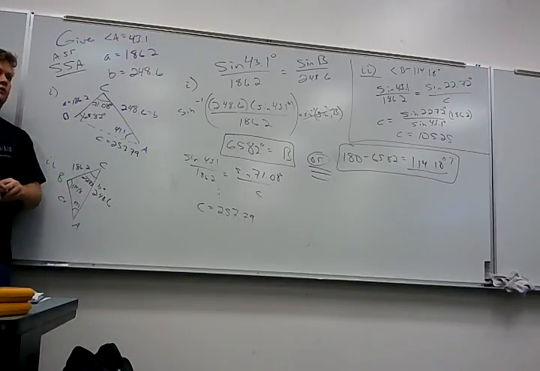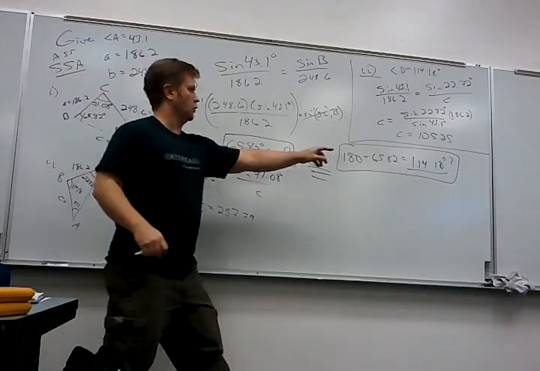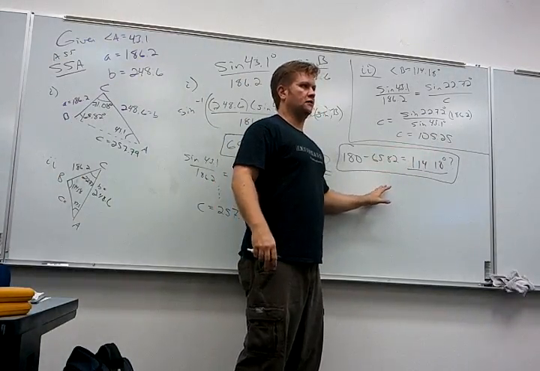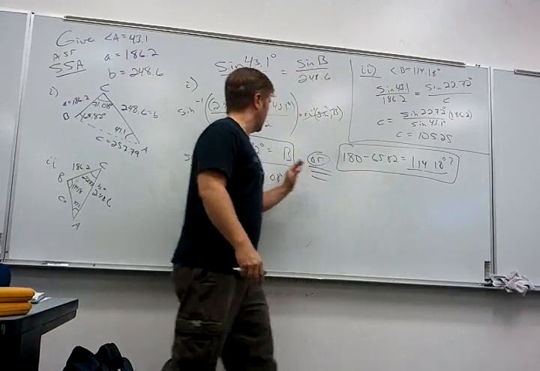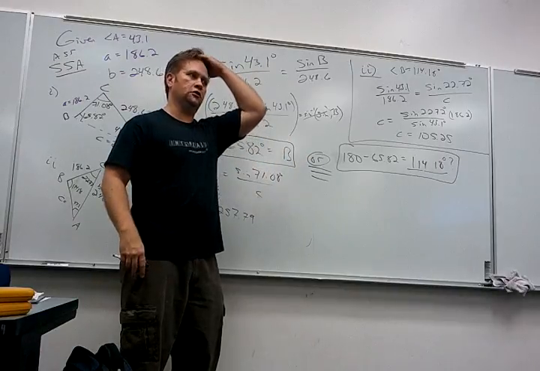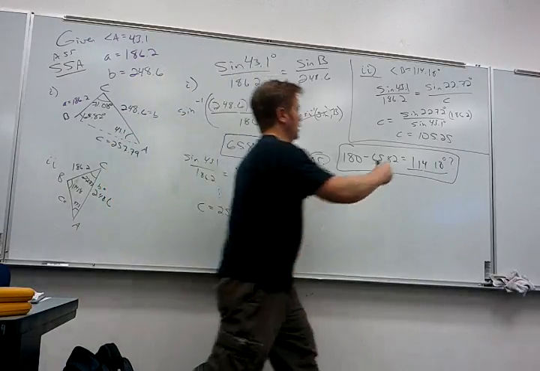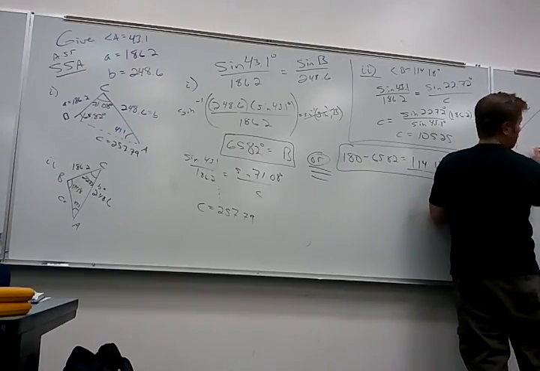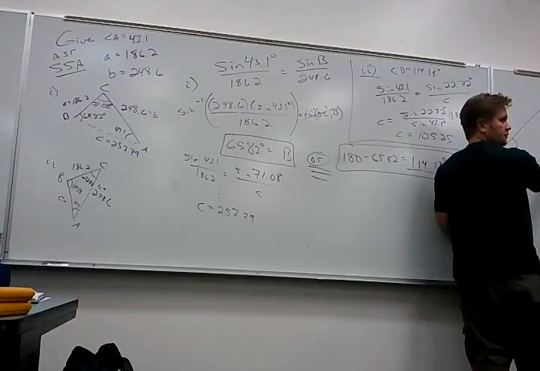I have to check both out. Some of these are going to come out where this angle couldn't possibly work. Awesome, you have no second case. There's no solution, because if I wanted a triangle that had this side, this angle, and this length, that's never going to work. You guys see that?